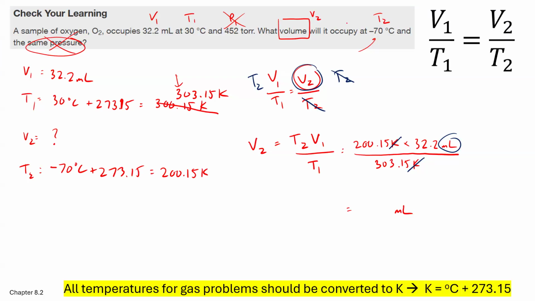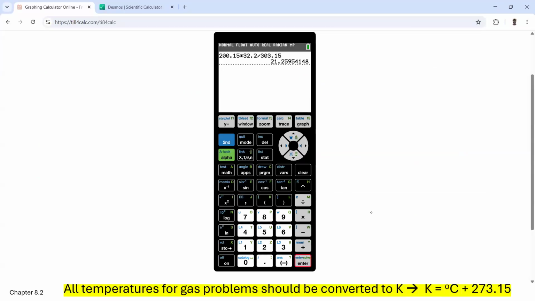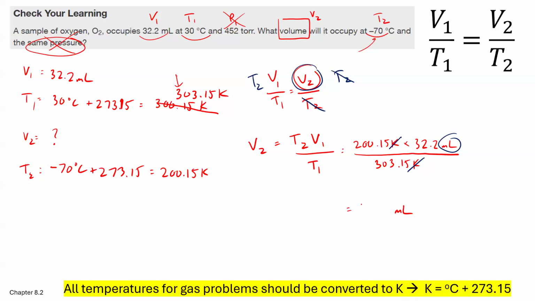Oops, this is only one sig fig, this is one sig fig, and this is three sig figs. So because of sig figs, we're going to make it 20 mils, because we need that one sig fig.